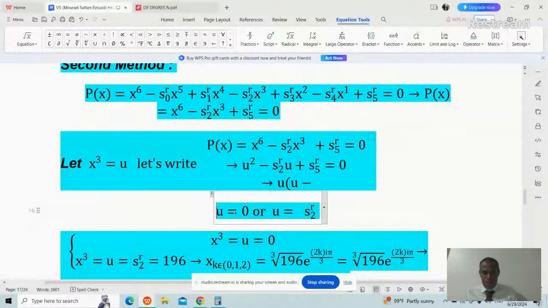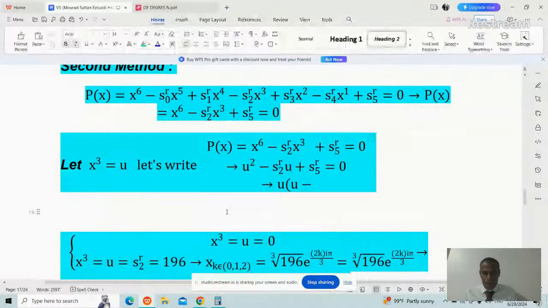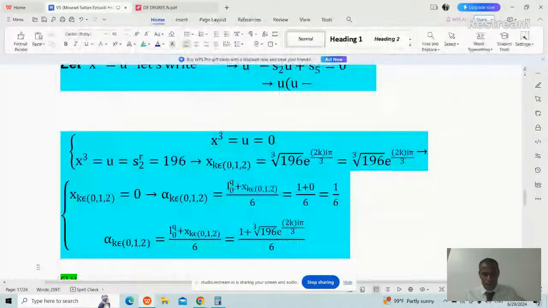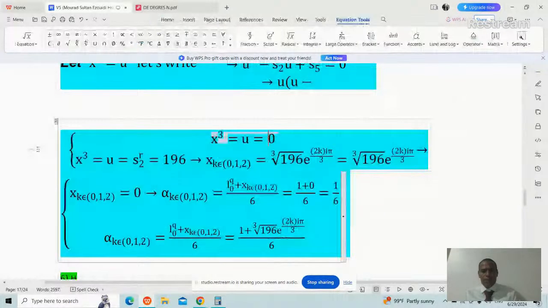I will immediately give you the roots because I'm very exhausted. We said that this is, this is no need.